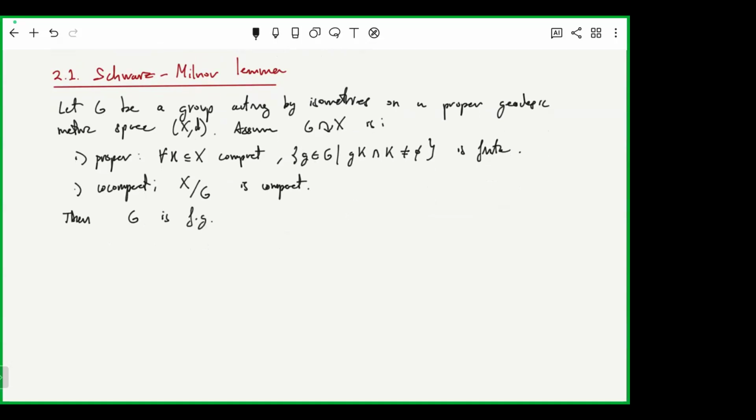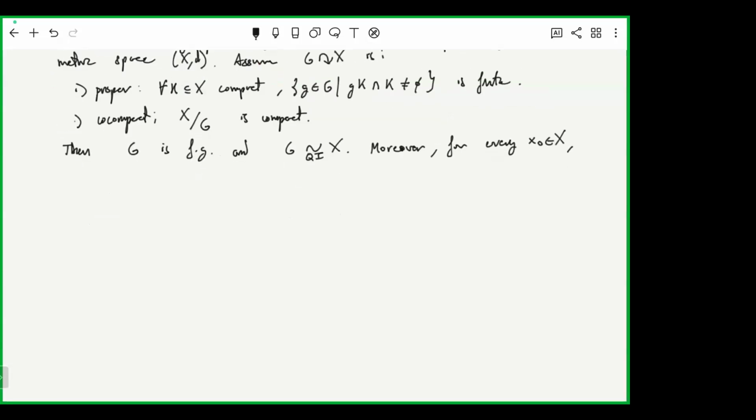G is finitely generated and is quasi-isometric to X. Moreover, it gives an explicit quasi-isometry. For every choice of a base point x0 in X, the orbit map, so I consider all translates of x0, is a quasi-isometry.